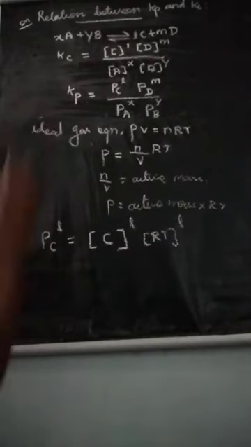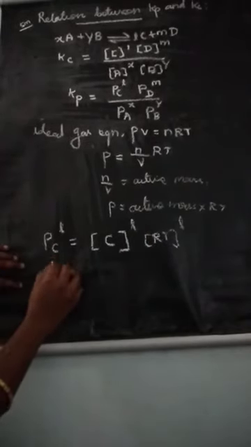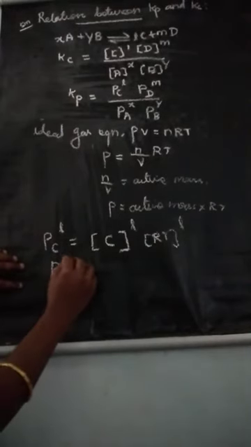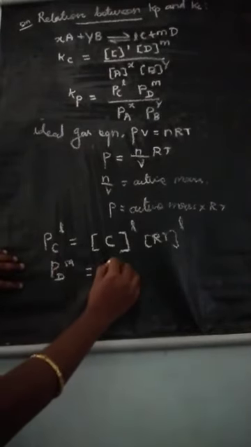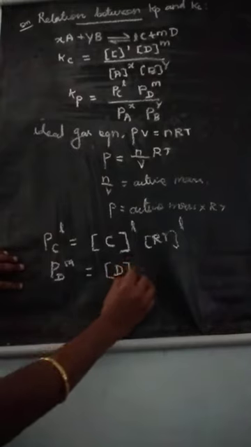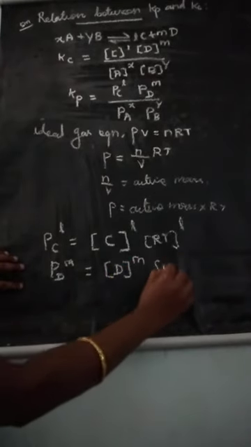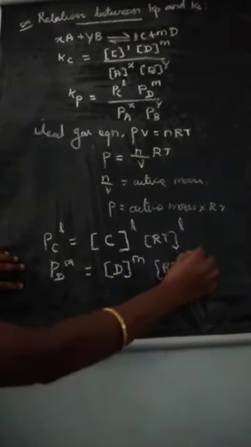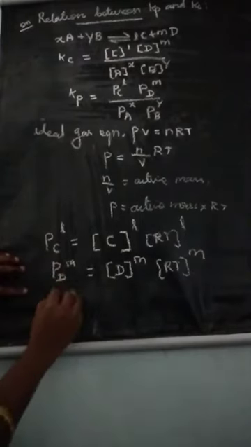Understand? Same way you can write the other terms also. PD power M is equal to concentration of D power M into RT power M. Same way, the next two formulas also.